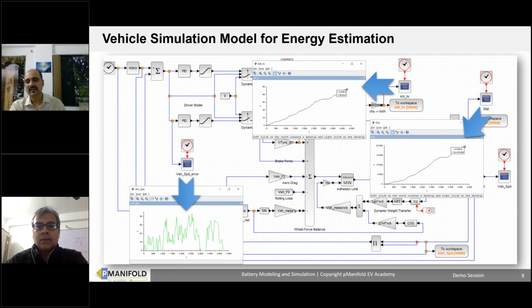Some of the energy calculations are done from wheel up to the driver or up to the battery. They are called backward calculating models.